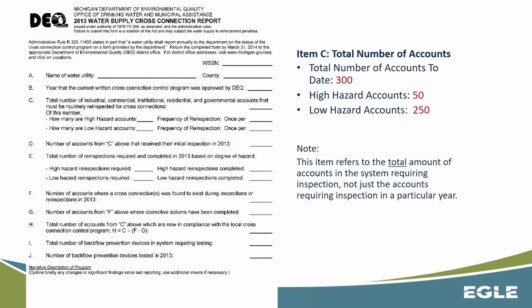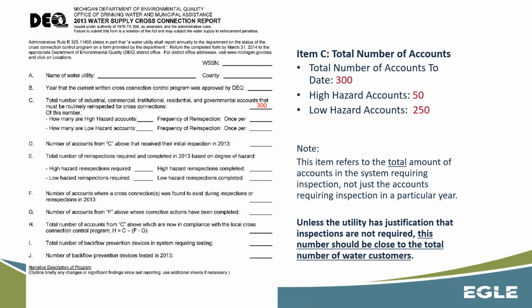The next step is, again, what accounts are we dealing with? For these first lines, it is specifically the total number of accounts that you're working with. This is still just generic information, not specific to that year.